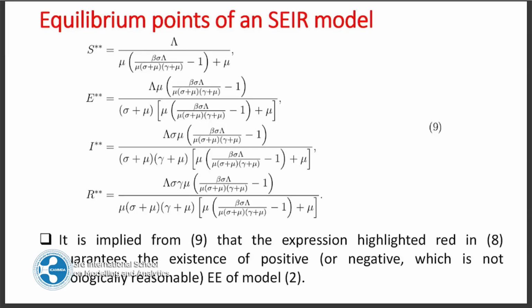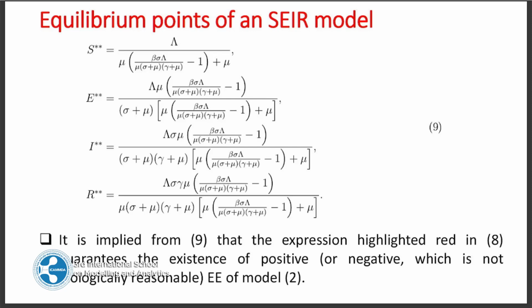You will recall that S star is equal to lambda over lambda star plus mu, right? So wherever we find lambda star, we just put that result. From this result in 9, it is implied that the expression highlighted red in 8 guarantees the existence of positive or negative, which is not biologically reasonable, endemic equilibrium point of model 2.